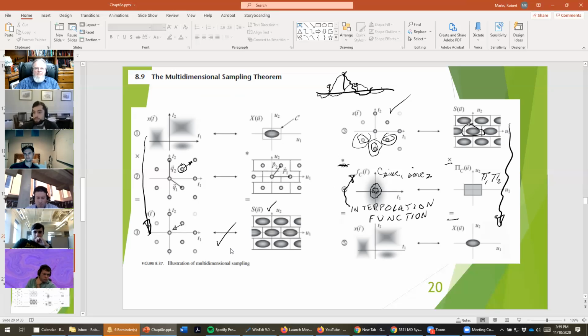Any questions on this? On this intuitive, I hope it's intuitive, explanation of the sampling theorem in higher dimensions? Are you totally baffled, or do you understand? Or somewhere in between?